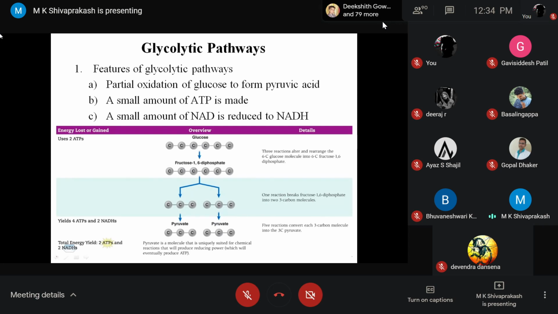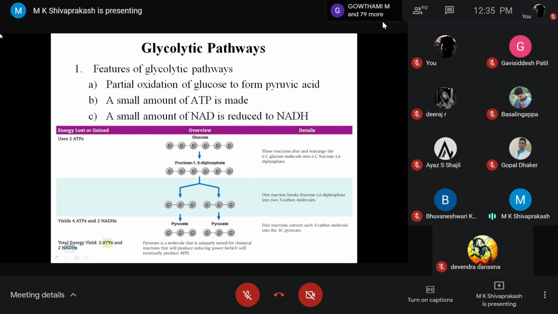But in anaerobic organisms, which have fermentative metabolism or anaerobic respiration, mainly fermentative organisms, that NADH that is formed is reconverted to NAD to make things go on in the metabolic pathways.